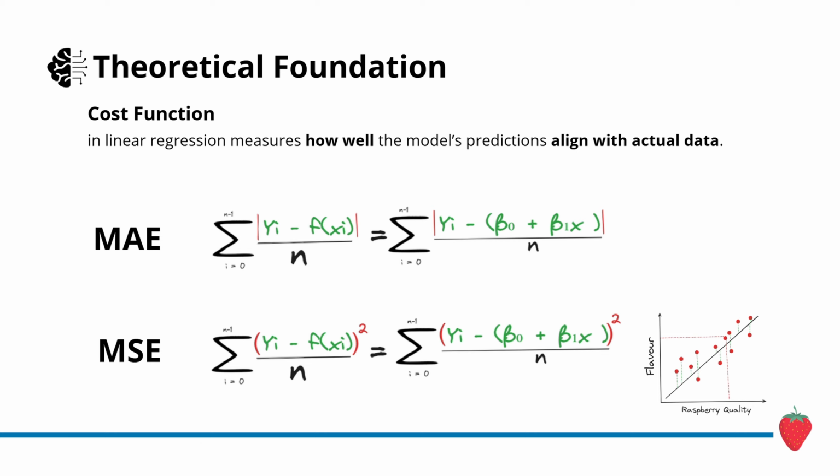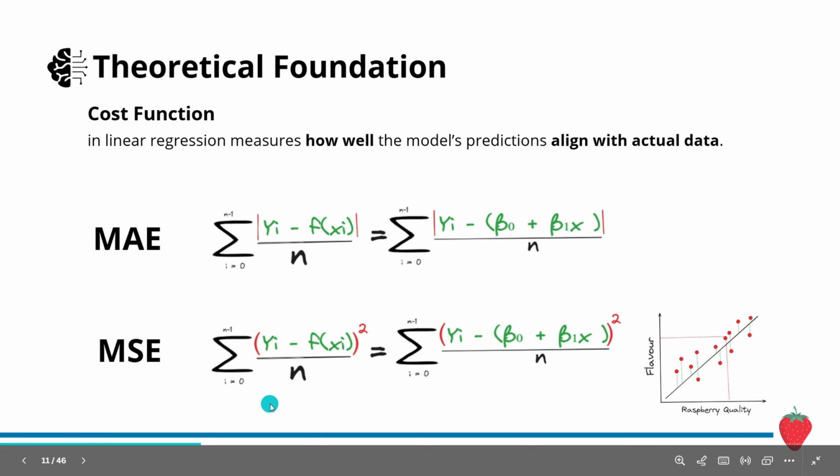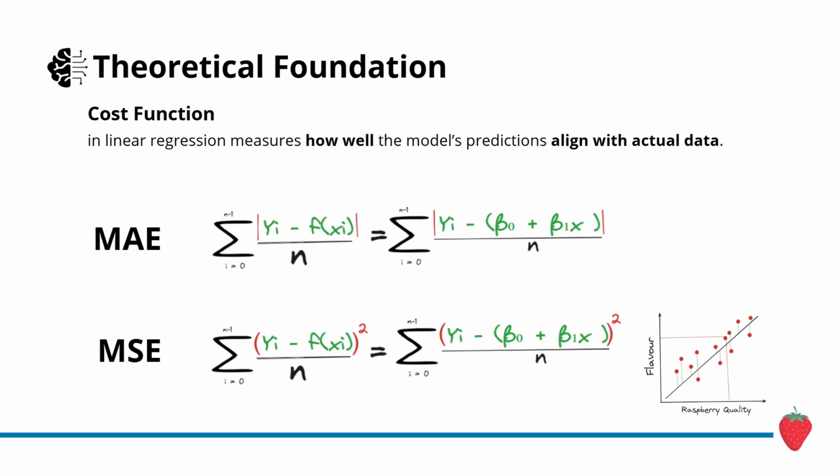As their names say, the first one literally calculates the distance between the predicted value and the real value, for all the items in the data set, and it's divided by the number of items in the data set. Of course, some of them are higher than the predicted value and some are lower. If the real one is higher, it's going to be a negative number.